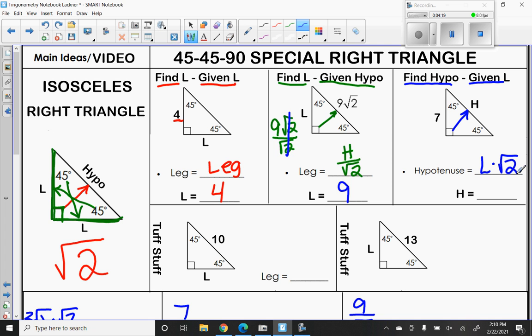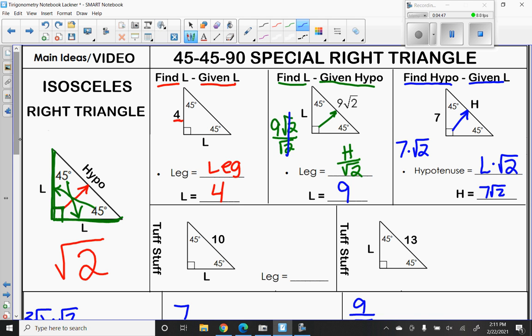That is the formula. So let me show you what this looks like. This is 7 times radical 2. And these are not like terms. We got a whole number and a radical. We cannot multiply them, so all we'll do is write them next to each other as our final answer.